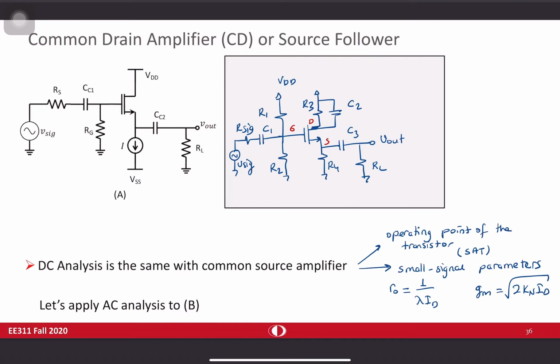So this thing is straightforward, and if you take a look at it, the DC equivalent circuit is exactly the same as in previous cases. You have the 4 resistor bias network for biasing the transistor, if you open all the capacitors.